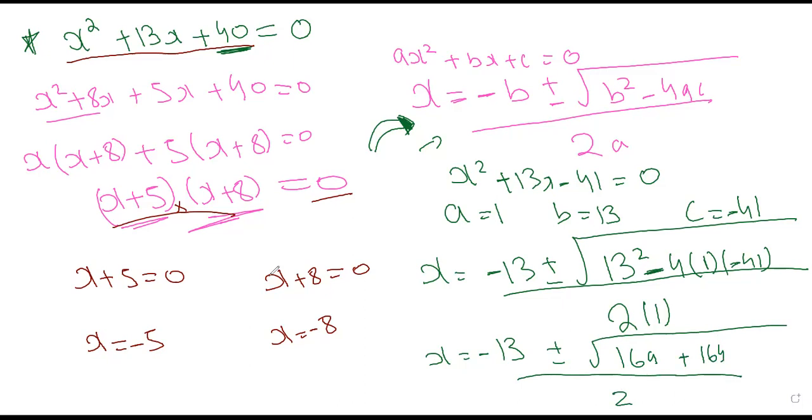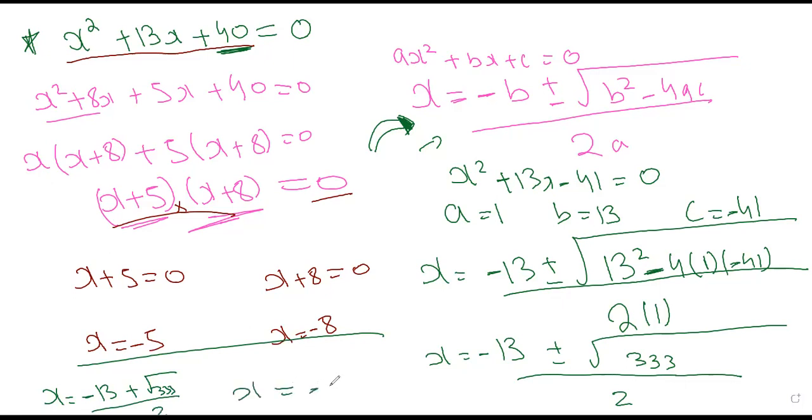So I can just rub it and write it here directly. I don't have space. Now we just need to find the values, right? One answer of x would be minus 13 plus under root 333 divided by 2. And the other one would be x equals minus 13 minus under root 333 divided by 2, right?